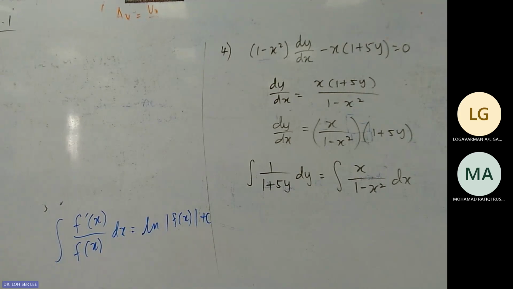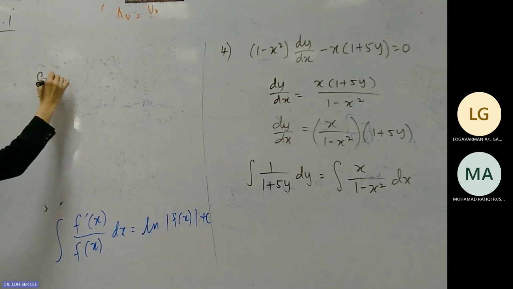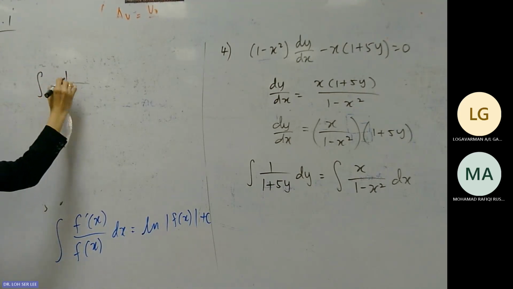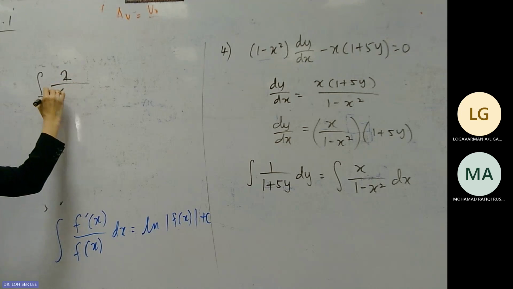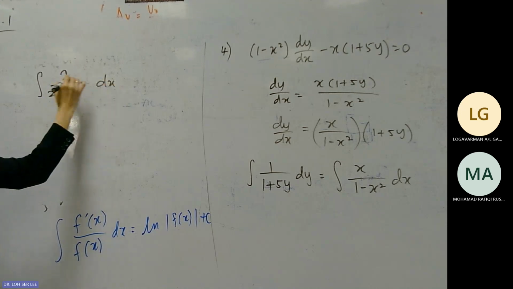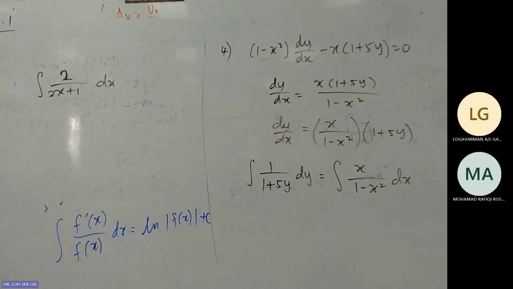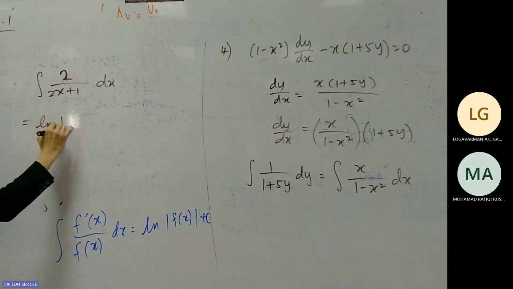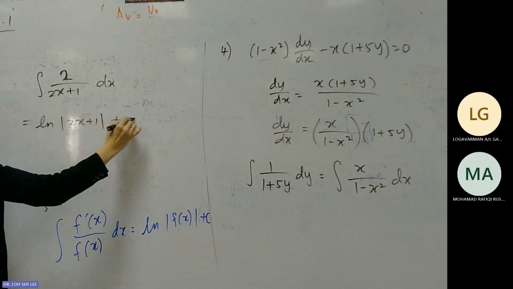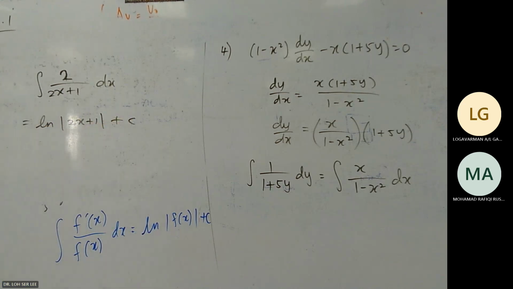Let's say you have 2 over 2x plus 1. When we differentiate 2x plus 1, we get a 2. So the answer will be ln of 2x plus 1 plus c.